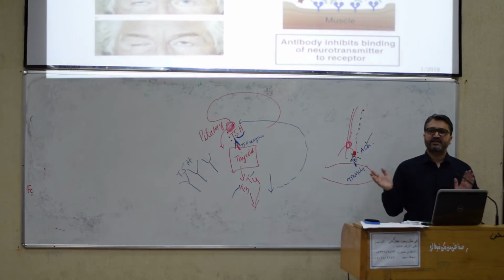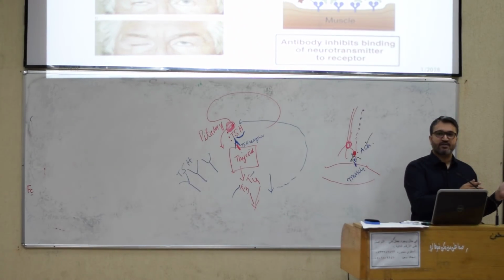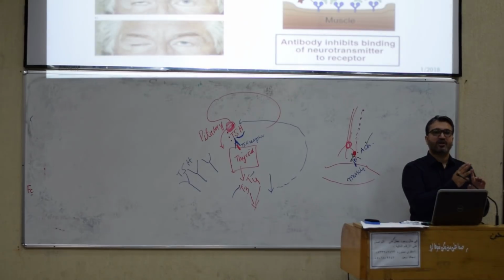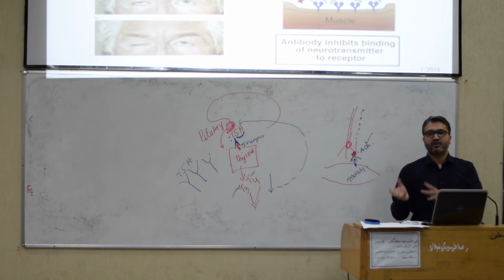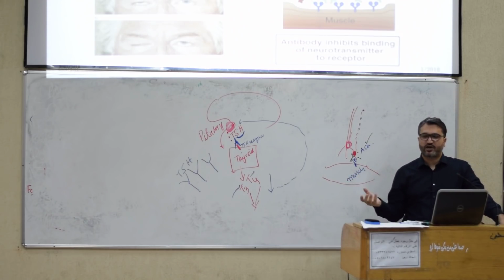So now we have discussed different situations. There is destruction of red blood cells, either ABO incompatibility or ABO transfusion reaction, or Rh incompatibility. Then in autoimmune conditions, there are intravascular hemolysis or extravascular hemolysis because of IgG or IgM.